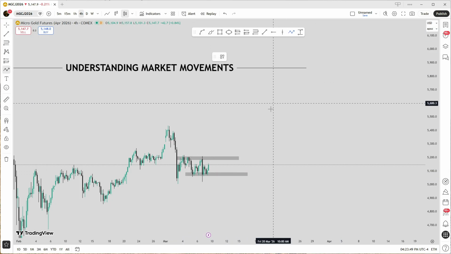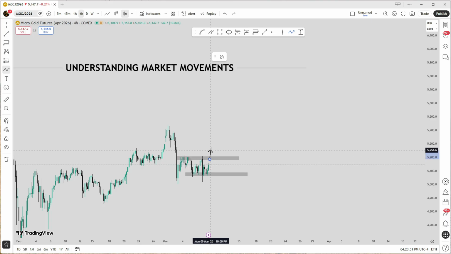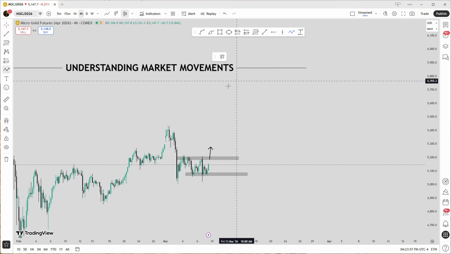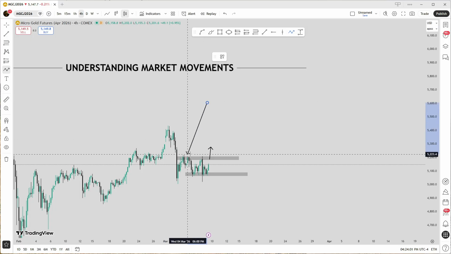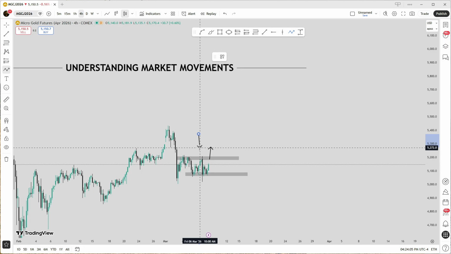What we want to see is the market create a higher high, because this gray zone is the last high. Let me just jot this down some more.